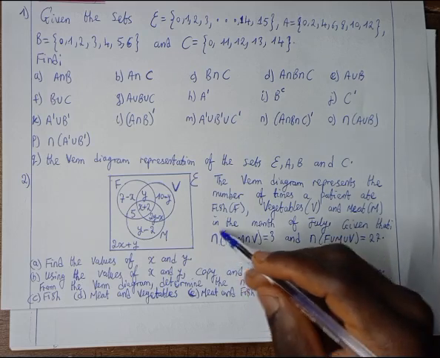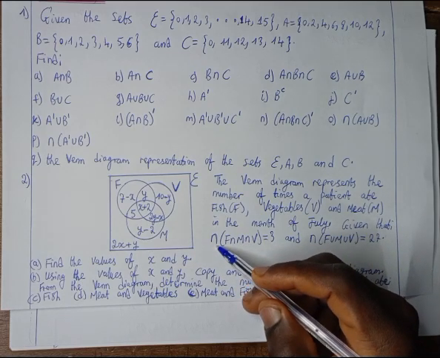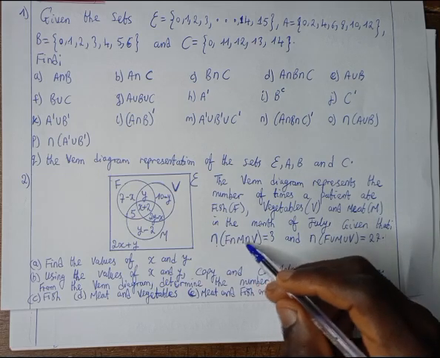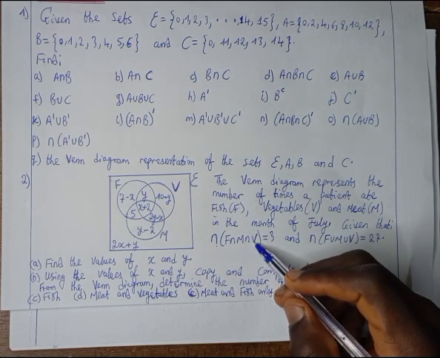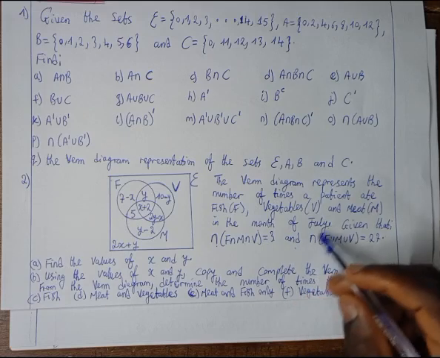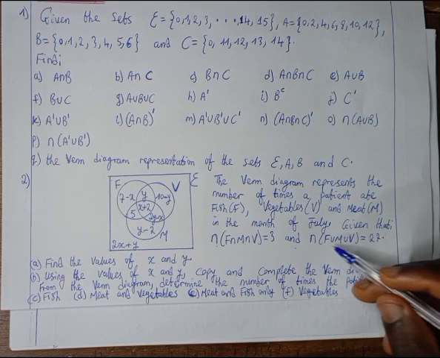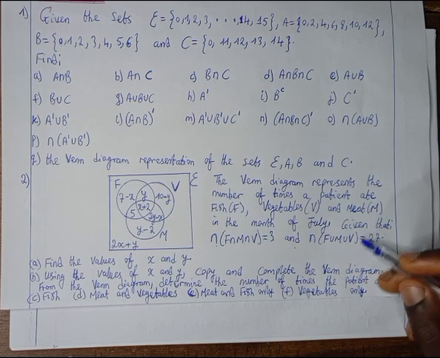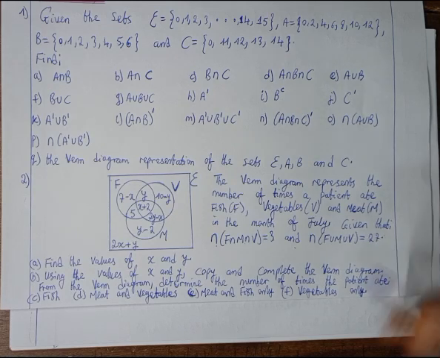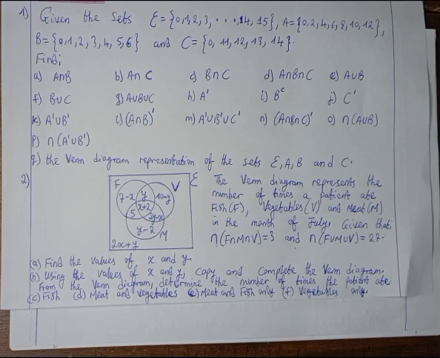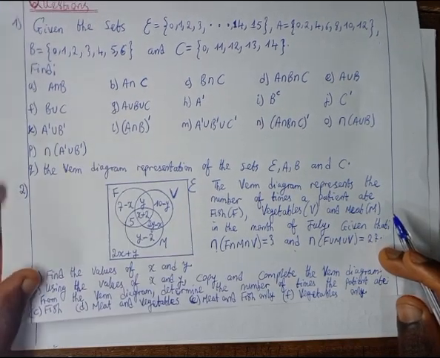Given that when you see this N, that means the cardinality, the number of times the patient ate fish and meat and vegetable is equal to 3, and the number of times the patient ate fish or meat or vegetable is equal to 27. Question A says we should find the values of x and y. Let's answer the question.